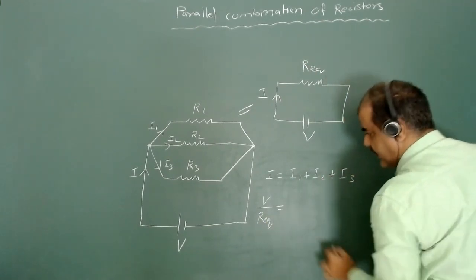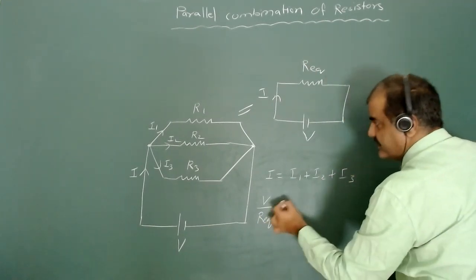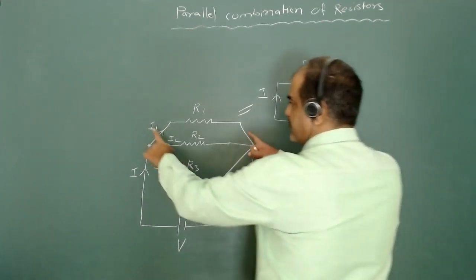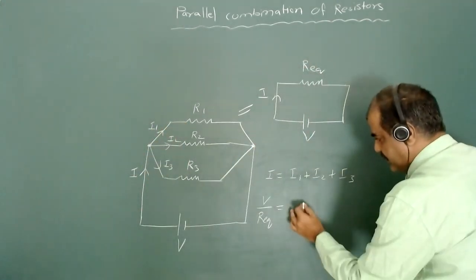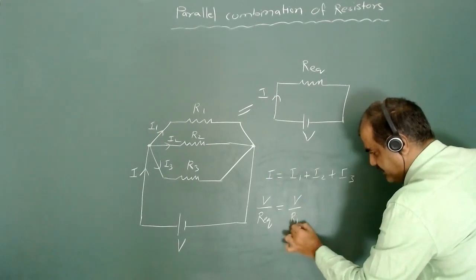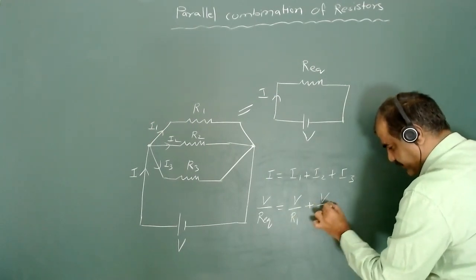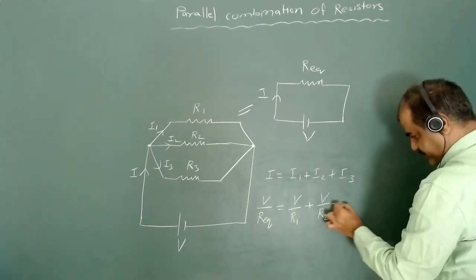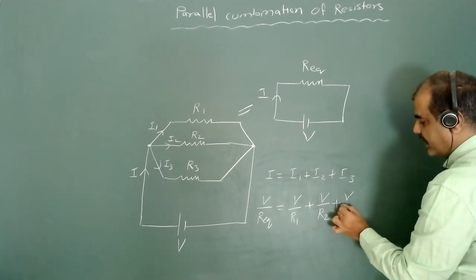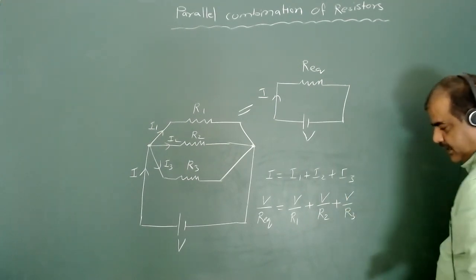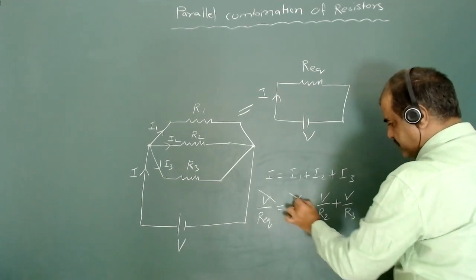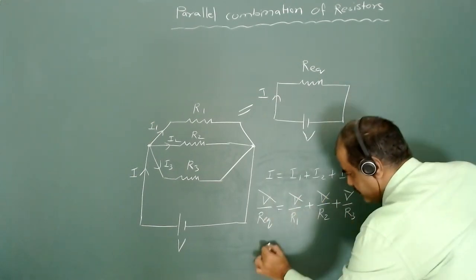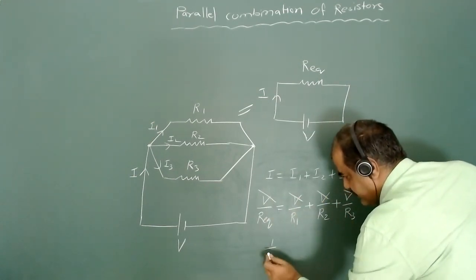Similarly, the voltage drop across each resistor is also V, so I is V upon R1 plus V upon R2 plus V upon R3. We can cancel out the voltage.